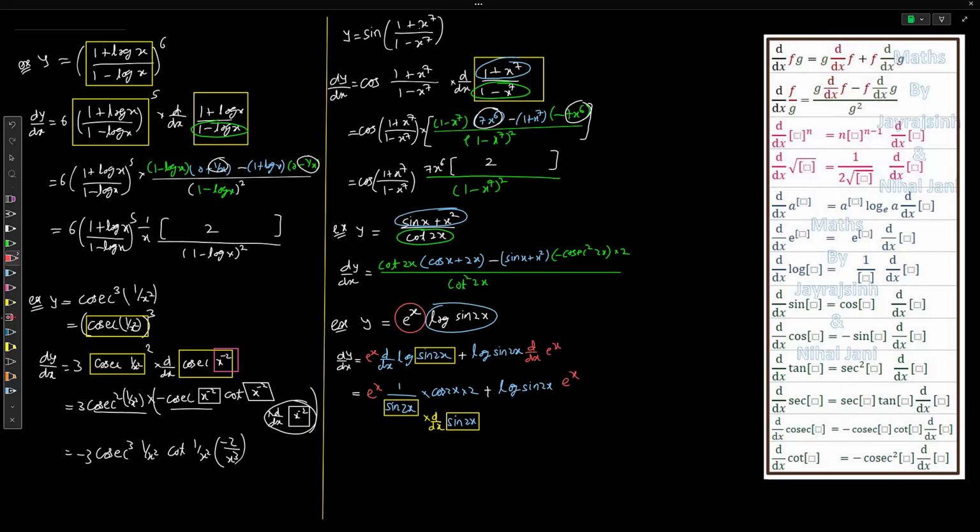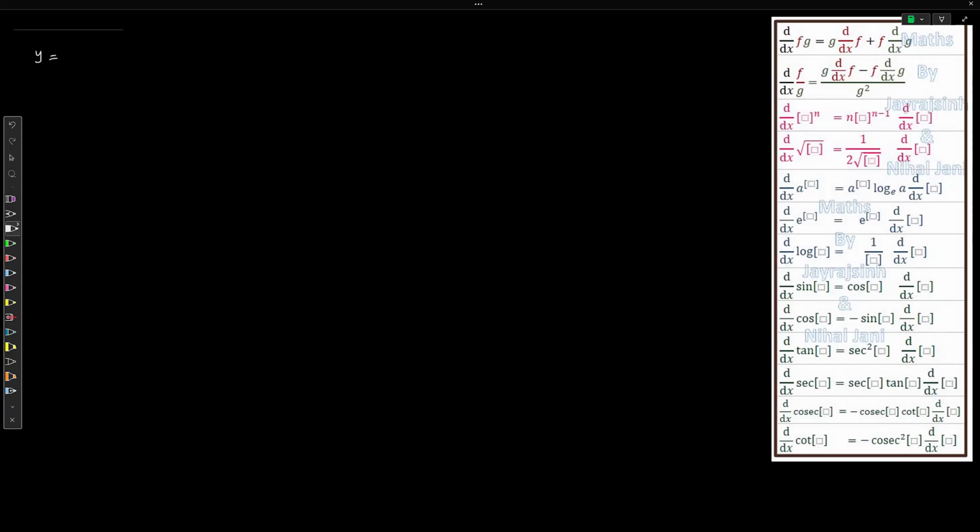Okay, so ta-da, this is your answer. You can take e raised to x common and do the rest yourselves. Write it down quickly. Okay, see, y is equal to x e raised to root sin x.